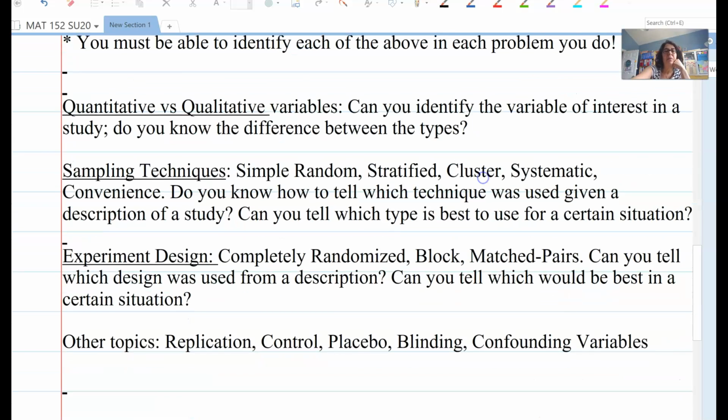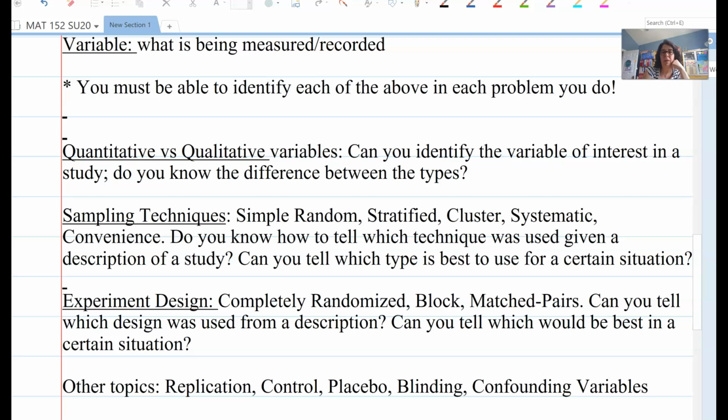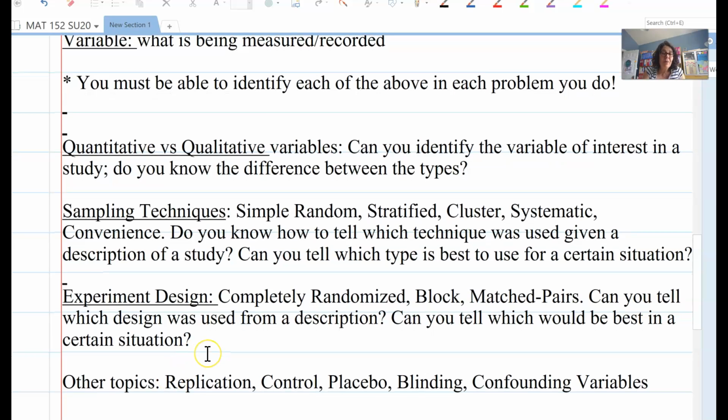And then we also talk about quantitative and qualitative variables, which we can also call numerical or categorical. That is extremely important. It seems very straightforward now. When you talk about categorical variables, you might want to talk about the proportion of the population.